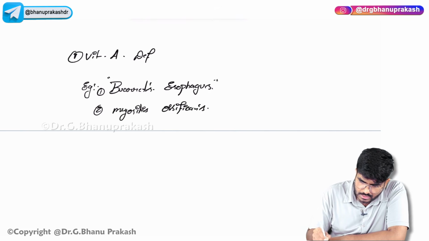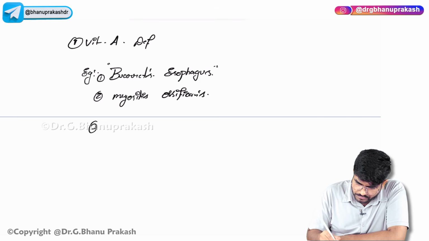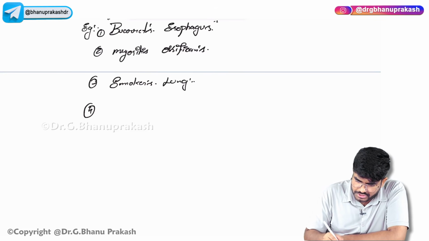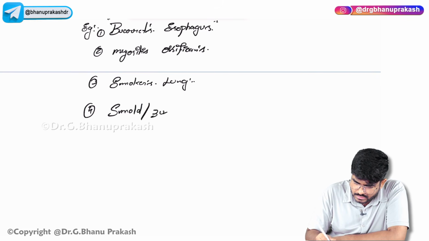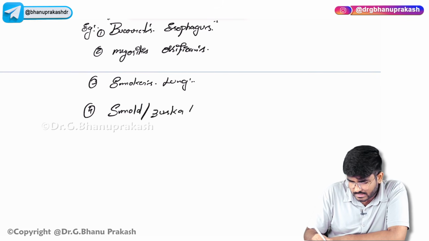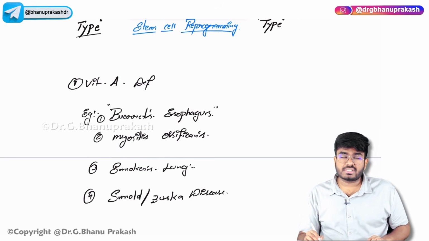Next, smoker's lung. And the fourth example of metaplasia is Mondor's or Zuska's disease, which is seen in the breast, especially in smoking females.